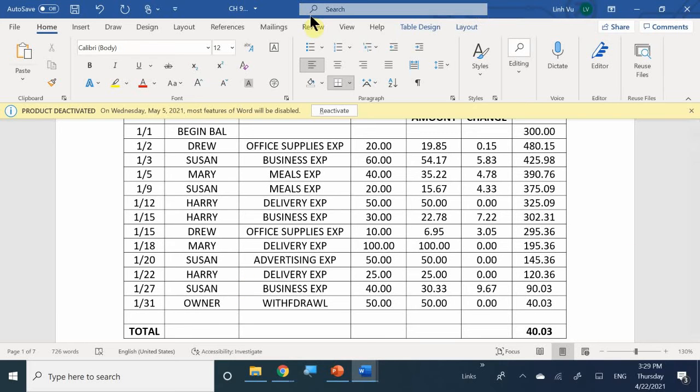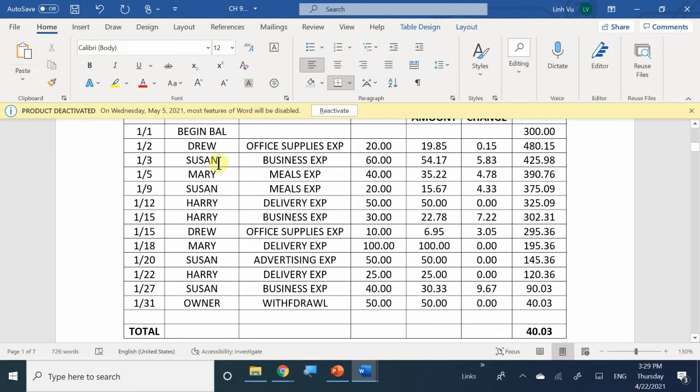Now let's take a look at our expenses. Here's our petty cash record of who took the money out and what it was for. Let's look at each individual transaction. Drew took money to buy office supplies for $20.